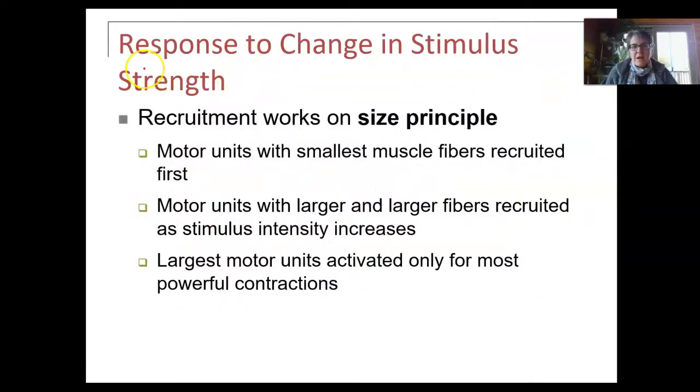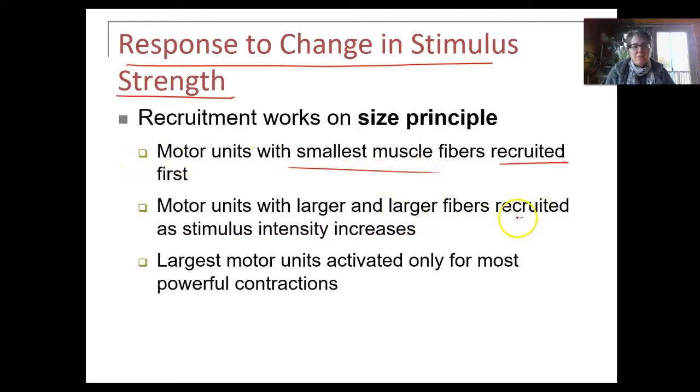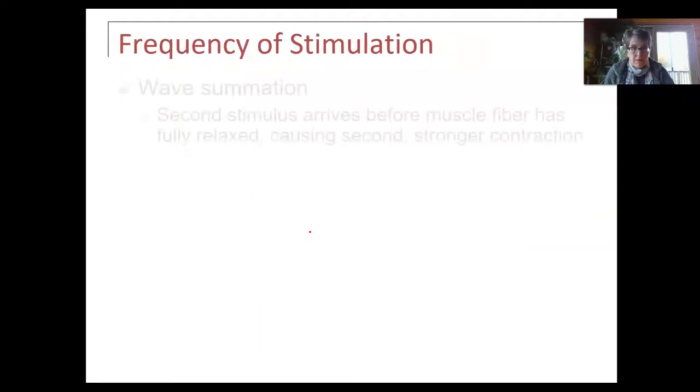So that is response to change in stimulus strength, and it's all about recruitment. I'm going to start with the small guys, and I'm going to recruit more as my intensity increases until I'm all done, until maxed out. Right, which makes sense.